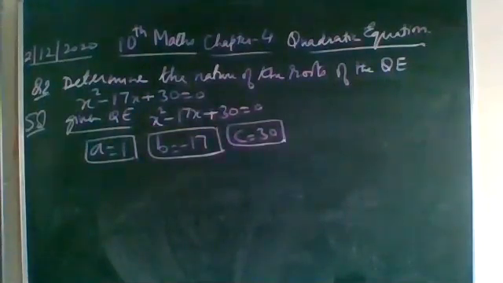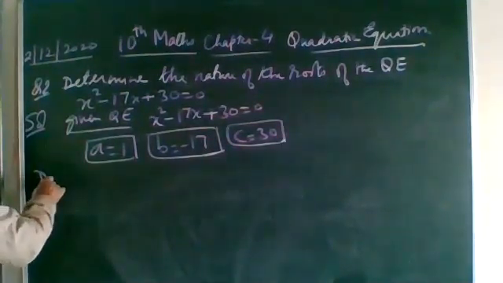Find the values of a, b and c. What is a? The coefficient of x square. What is b? The coefficient of x. C is the constant term. After that, you find the discriminant value.